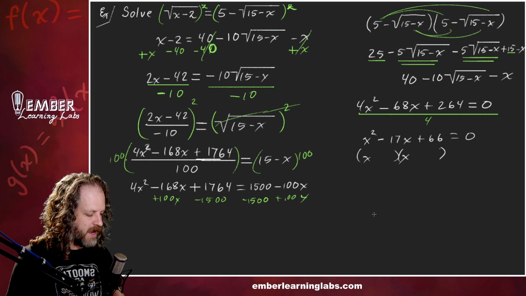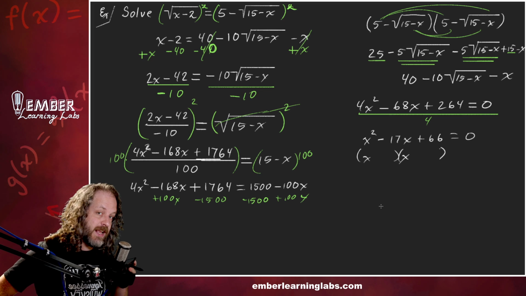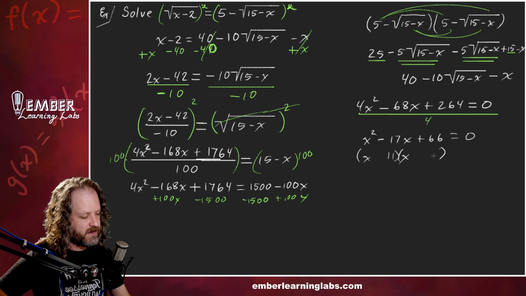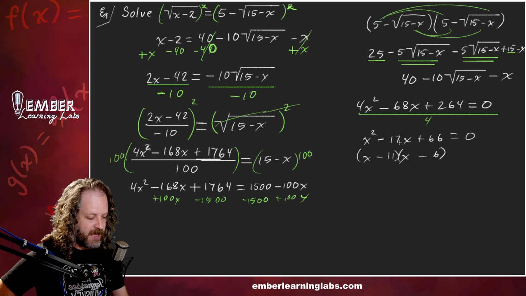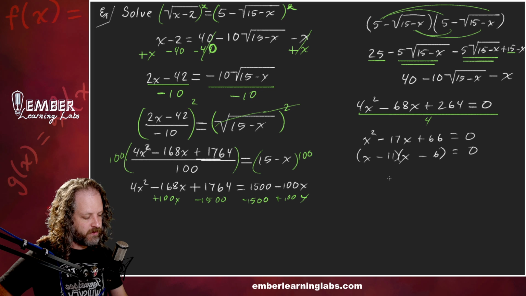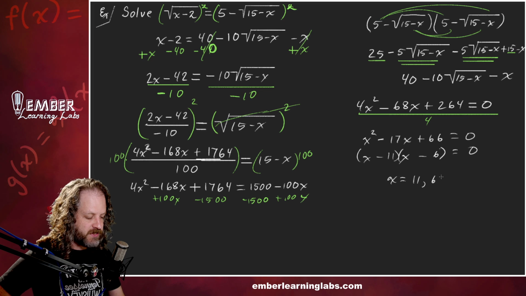You can walk through this, but as you're getting intuition, especially with a being 1, you can probably see that it's going to be 11 times 6, which gives us 66. And if they're both negative, we get negative 17 in the middle. Negative times a negative is positive. That works. So this factors into x equals 11 and 6.